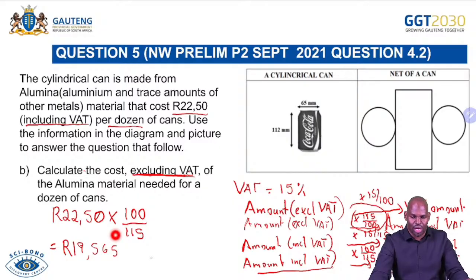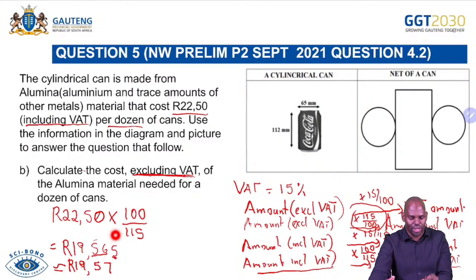The examiner did not specify, but we know this is a value of money, therefore it must be rounded off to 2 decimal places, which is 19.57. We could have kept the 56, but the digit next to it is 5 or more, so this becomes 57. If the third digit was less than 5, this would remain as 0.56. So that is the answer for this question.